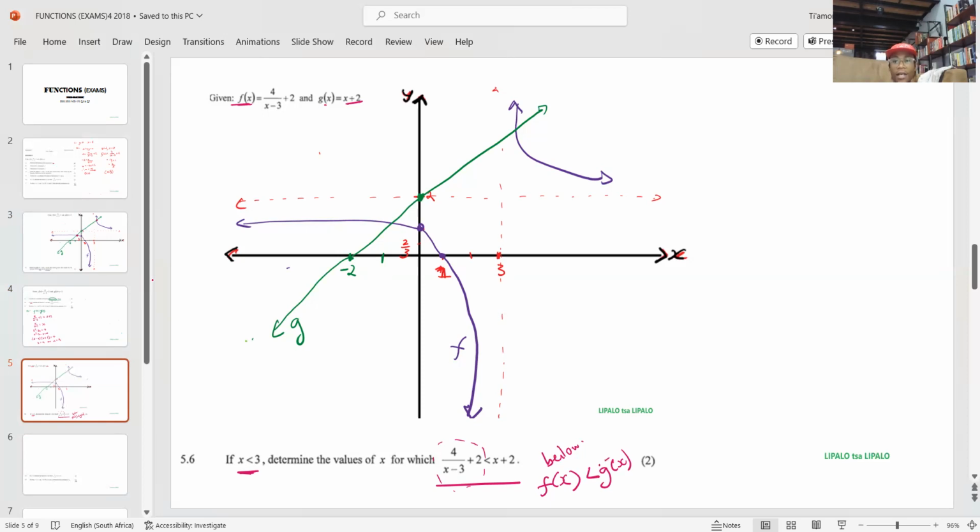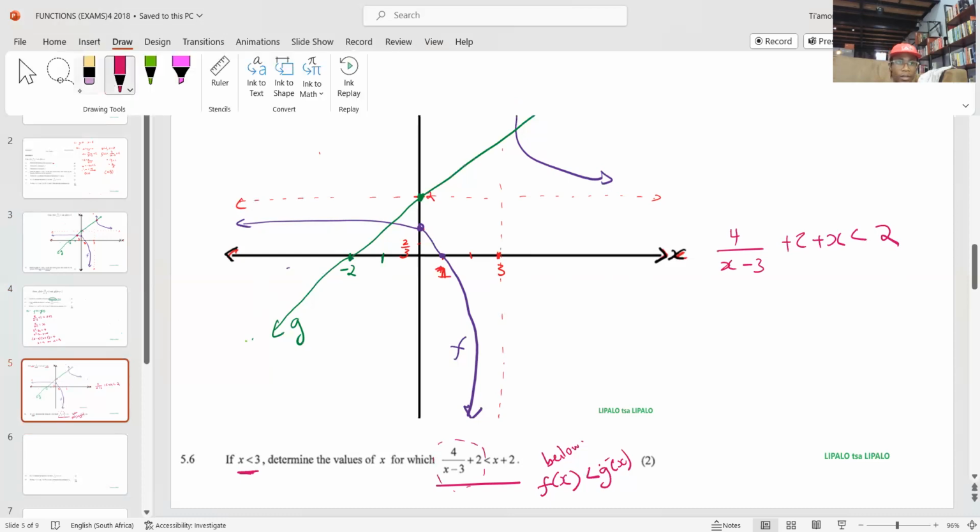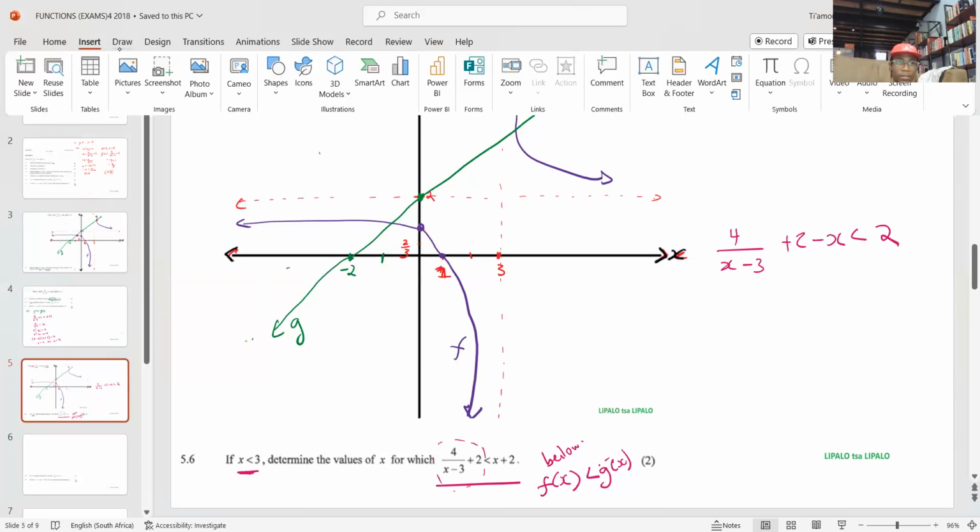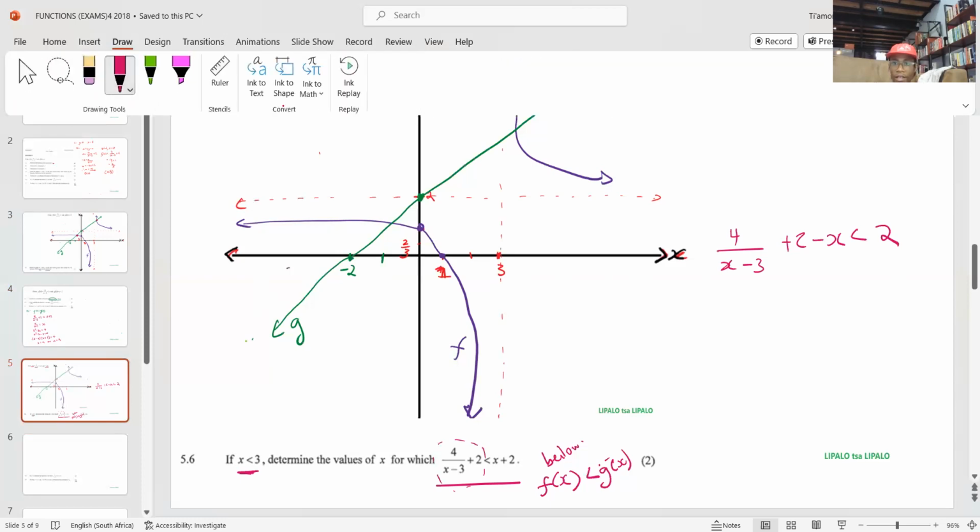This basically means this. Sometimes they can say 4 over x minus 3 plus 2 plus x less than 2. In this way, you cannot actually correlate. But if you look within, you can move the x and take it to that side.